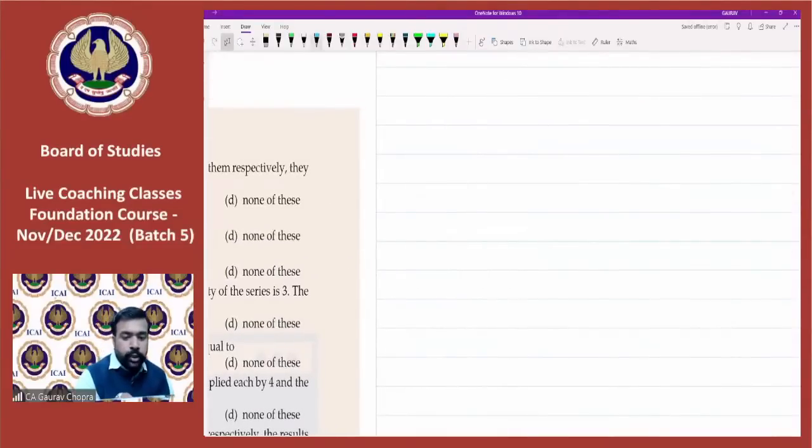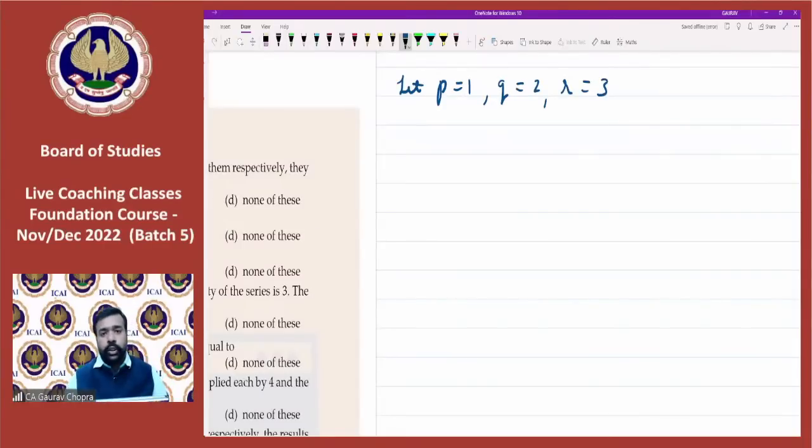So let us assume that P is equal to 1. Since they are in AP, P can be 1, Q can be 2, R is equal to 3. Similarly, the second series X, Y, Z are in geometric progression, so we can assume them.